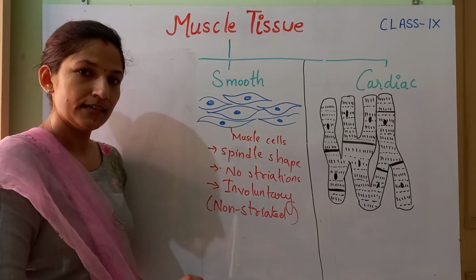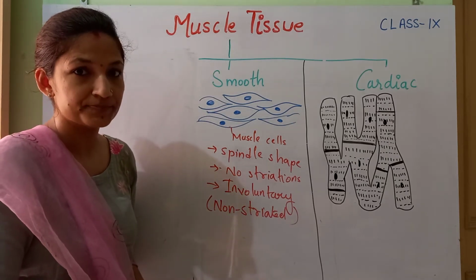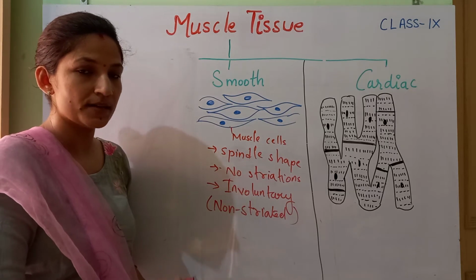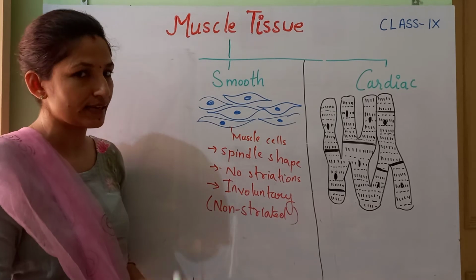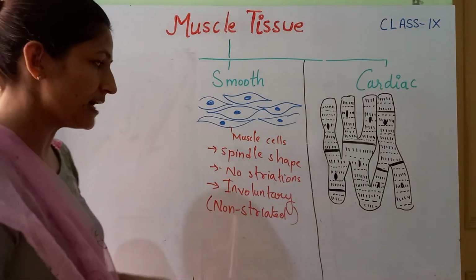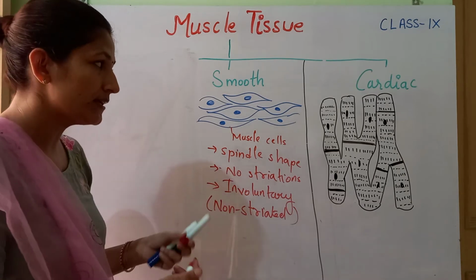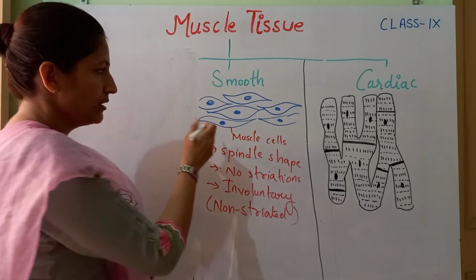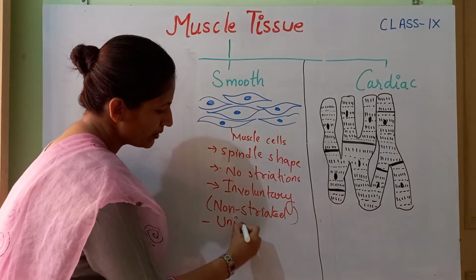Okay, they are attached to the smooth surfaces of your body. That's why it is a smooth muscle. That was attached to the skeletal system, so that was the skeletal muscle. This is attached to the smooth surfaces of the body. What about the nucleus? As you can see, a single nucleus. So this is uninucleated.